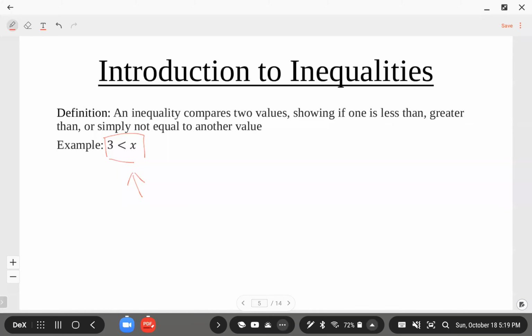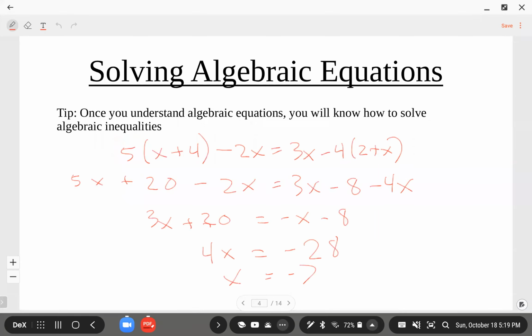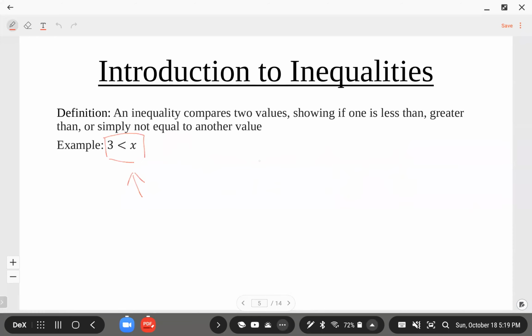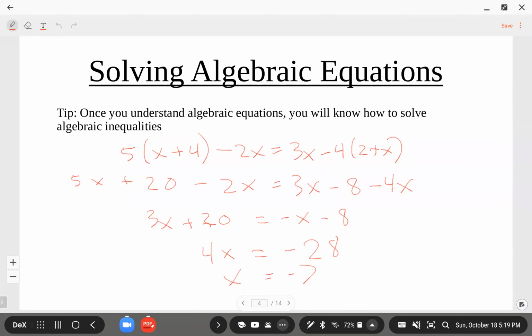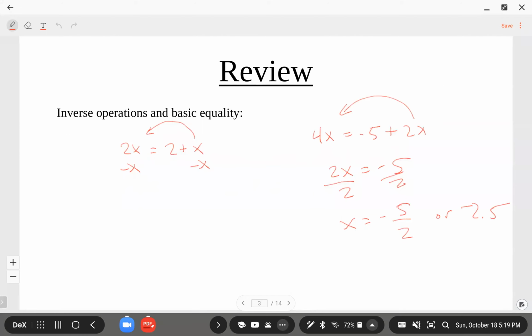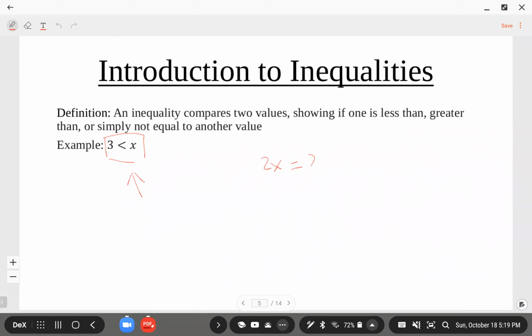Now, usually they don't just hand you the answer. You're going to have to solve it. Let's take this example: 2x equals 2 plus x.